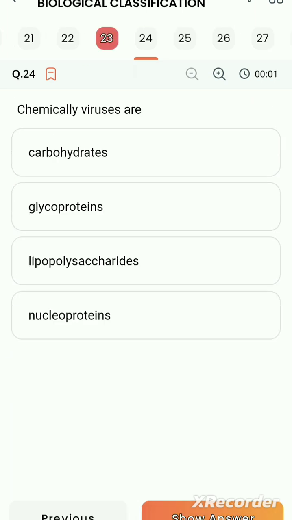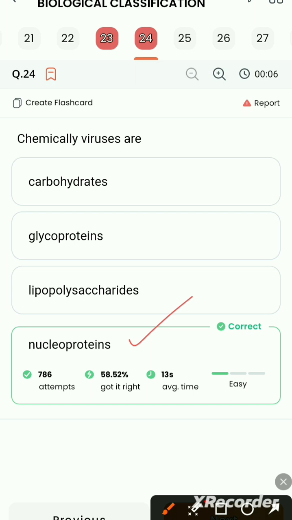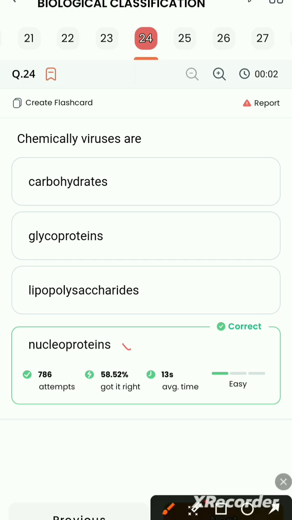Next question. Chemically viruses are, so what is a virus actually? Chemically viruses are nucleoprotein. It is a nucleoprotein. Why we call the virus a nucleoprotein is because these are proteins which are associated with the nucleic acid.